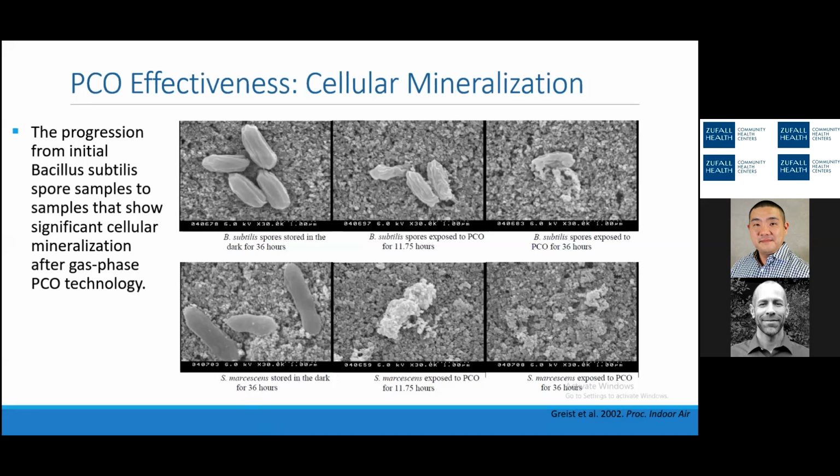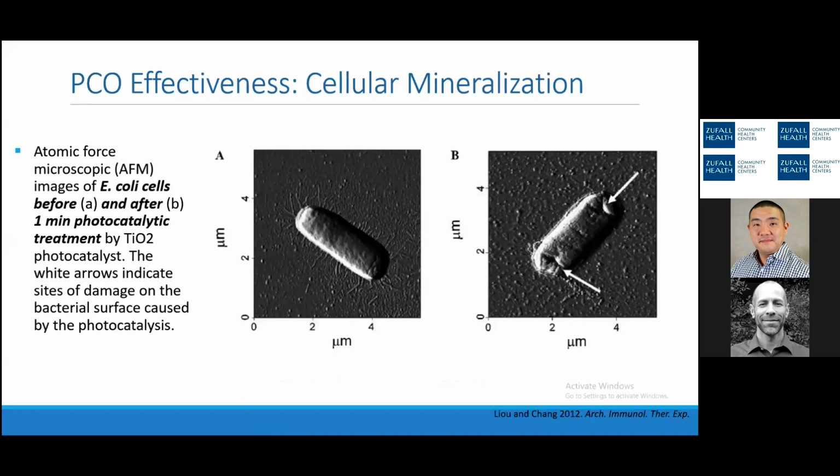And we can take a closer look at that, looking at an AFM image, and we can see this is for E. coli cells. The A is before photocatalytic treatment, the B is after. I wanted to point out though that this is only 1 minute of photocatalytic treatment, and you can already see where the white arrows are, that there are sites on the bacterial cell that have been damaged.